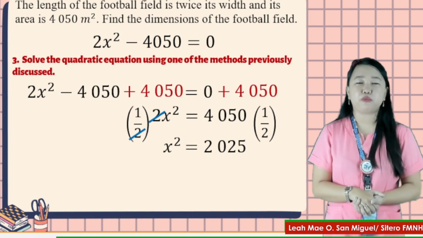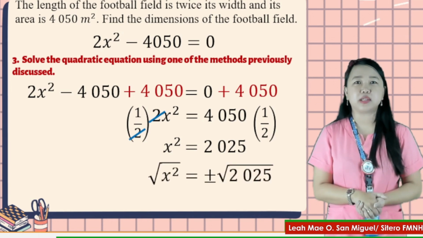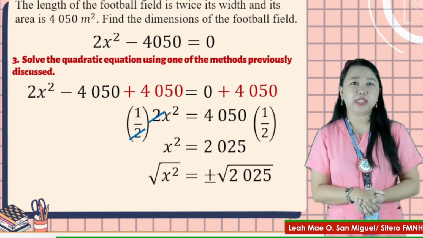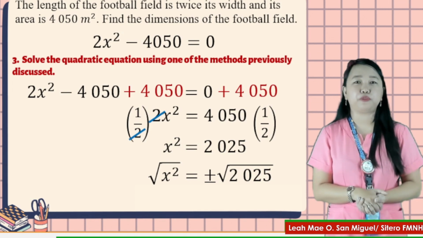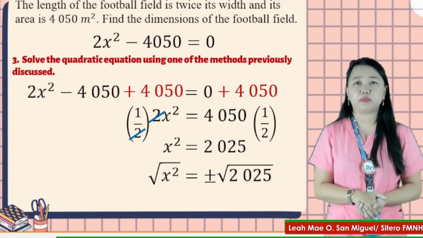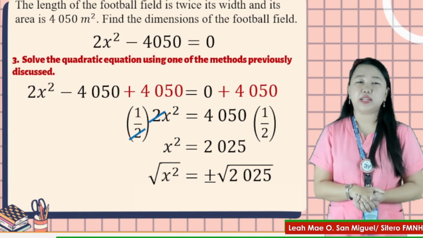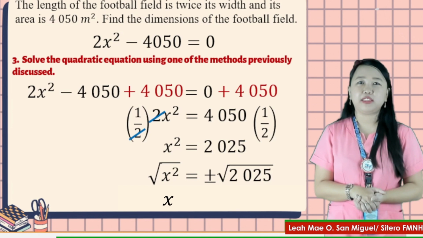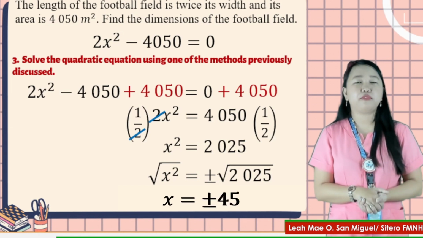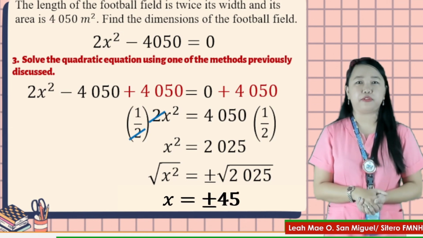Get the square roots of both sides of the equation. Square root of x squared is equal to positive and negative square root of 2,025. Square root of x squared is x, and square root of 2,025 is positive and negative 45.